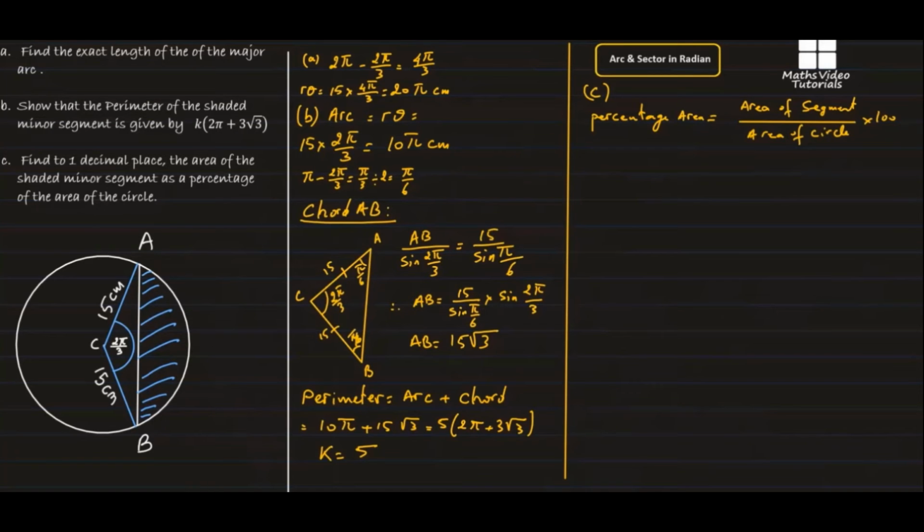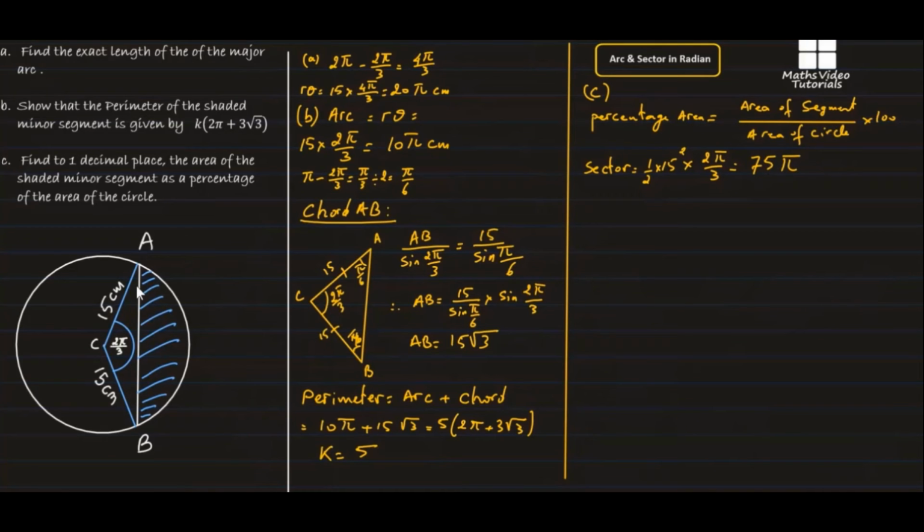So therefore, we need to work out the area of the sector. Let's write it down as this sector is half r squared. R is the radius 15, so 15 squared times theta is 2 pi over 3. Now we're going to keep everything in pi. So if you plug this in a calculator, you will get 75 pi.